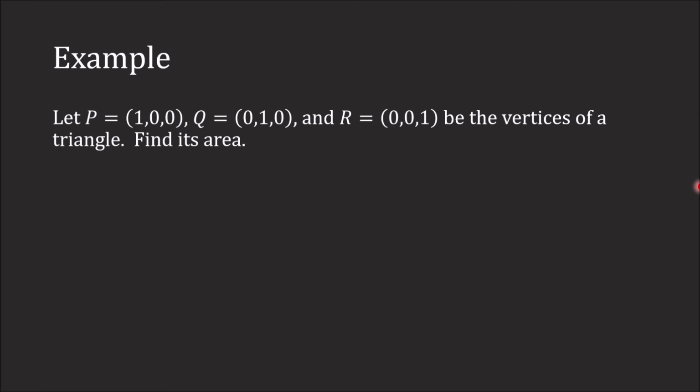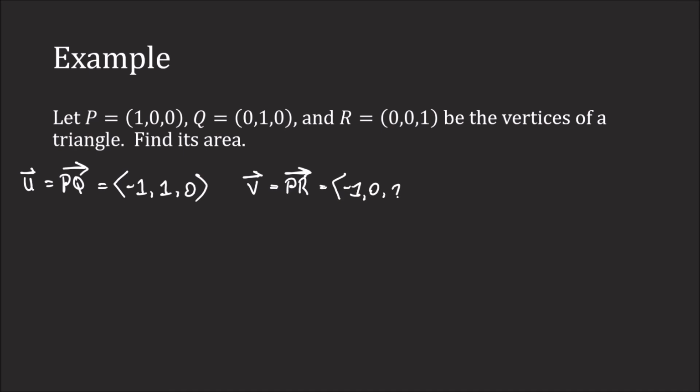So I'm going to create vectors U to be the directed line segment PQ, which in this case would be negative 1, 1, 0, and V be the directed line segment PR. So this is negative 1, 0, 1.